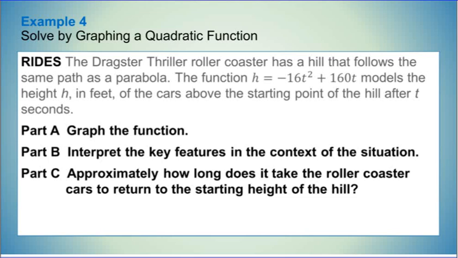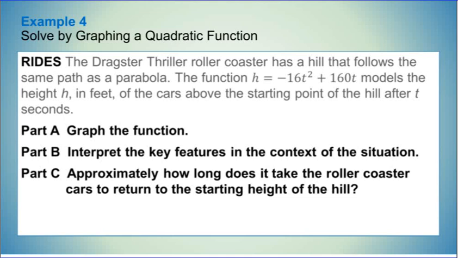Moving on to the last question we'll go through, the gangster thriller known as the roller coaster has a hill that follows the same path as the problem. The function h equals -16t squared plus 160t models the height h in feet of the cars above the starting point of the hill after t seconds. We're going to graph the function and then interpret the key features.